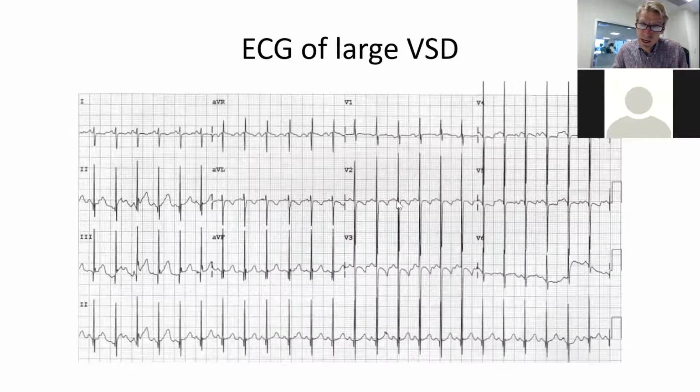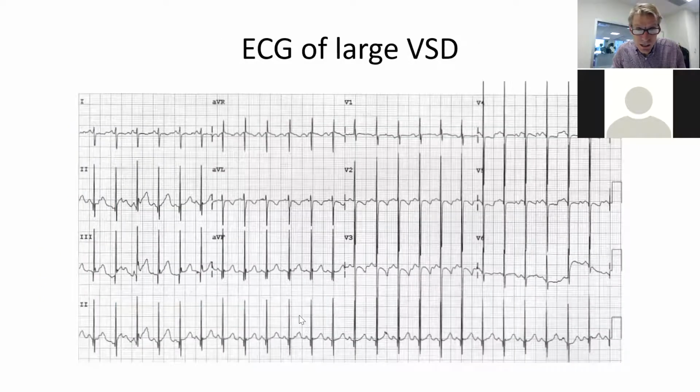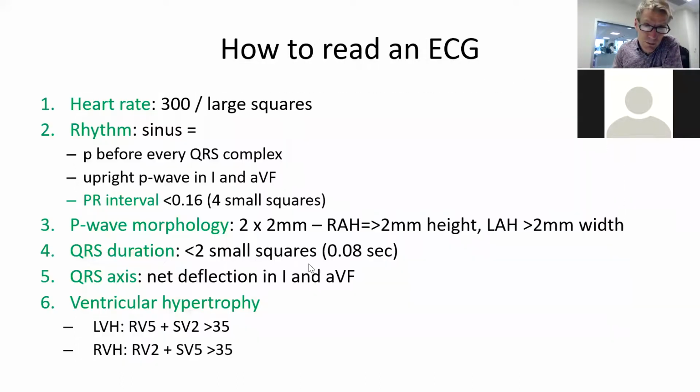That tells you the QRS duration is normal, and that there's probably not any sign of a bundle branch block, because the duration is normal. There are deep Q waves in these leads, but nonetheless the duration of the QRS complex is not wide, so probably there's not a bundle branch block. I'll show you an ECG in a moment that has a bundle branch block, and you'll be able to see the difference.